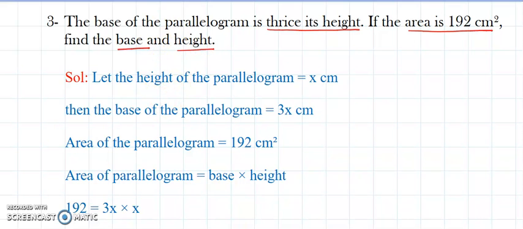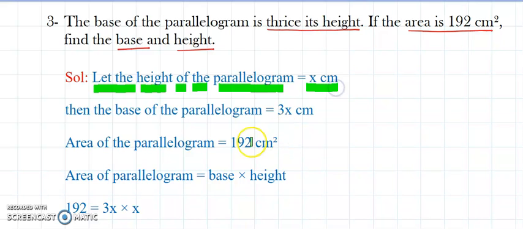So what we have done in the supposition is that we take the height of the parallelogram as x centimeter. Then the base of the parallelogram will be 3 times the height, as mentioned here.